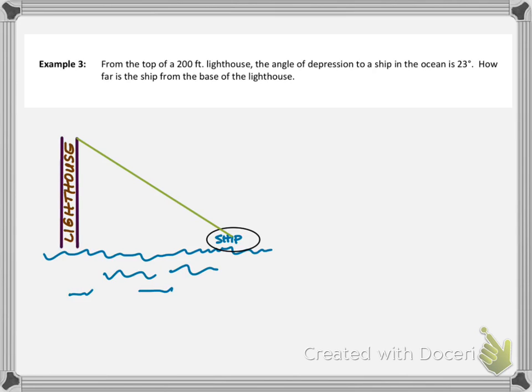So angle of depression, so if I'm standing up here somewhere and I am looking straight ahead, right? That's your normal visual. They're telling us that the angle of depression is 23 degrees. Was it 23? Yeah, 23.